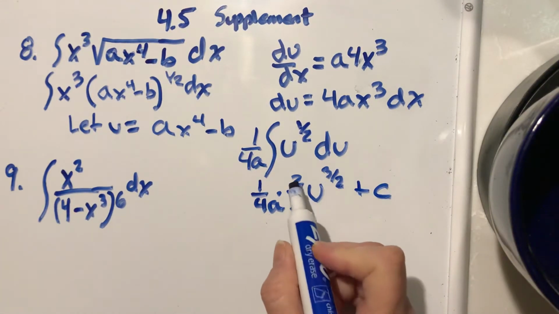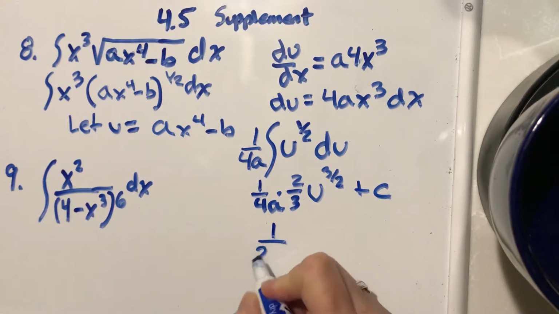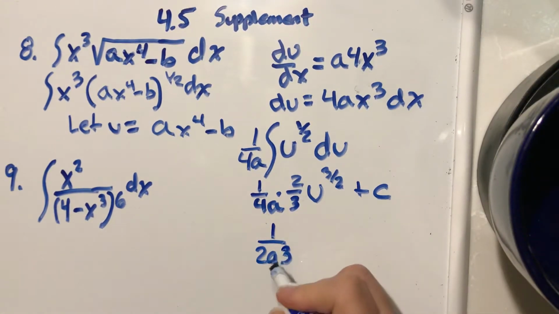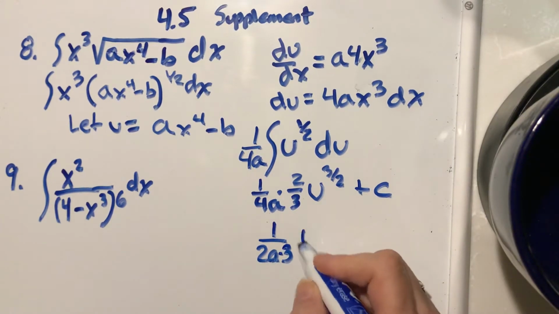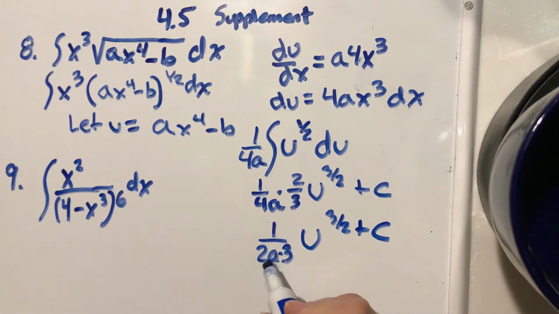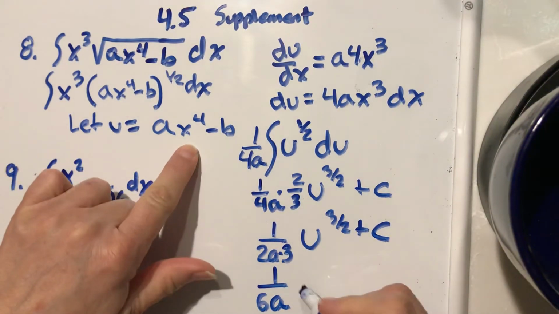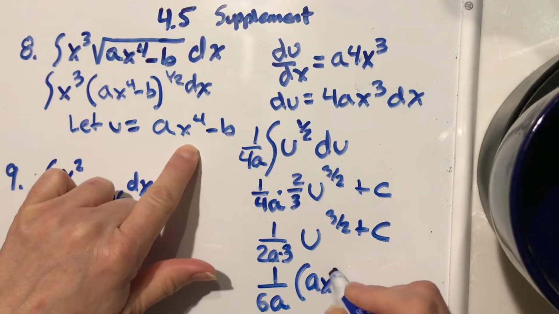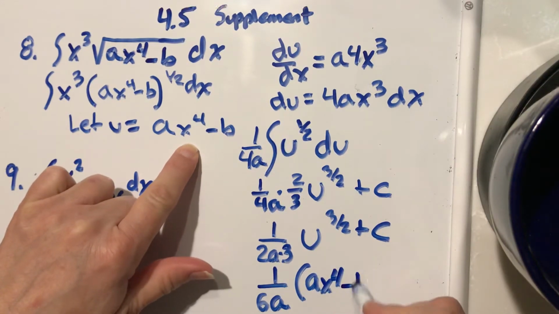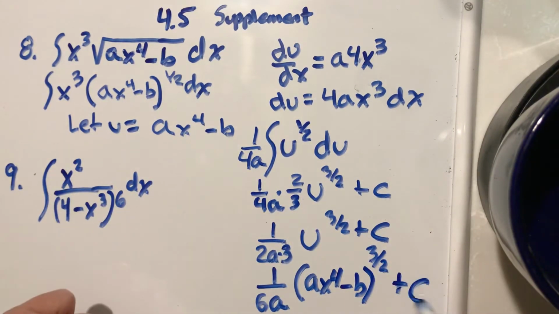So now we have this 2 and this 4, so that becomes 1 over 2 times 3, u to the 3/2 plus c. 1 over 2a times 3 is 1 over 6a. Now we're going to substitute our u. We said u was ax to the fourth minus b to the 3/2 plus c. And that's the answer for number 8.